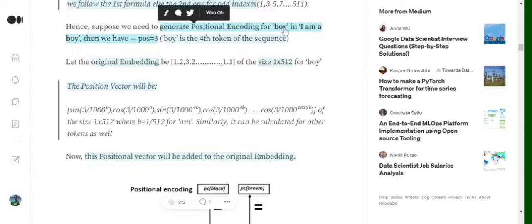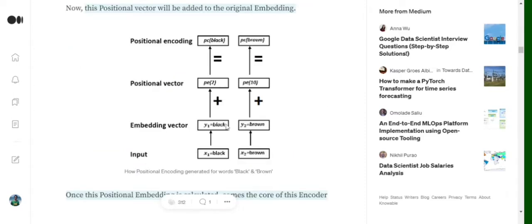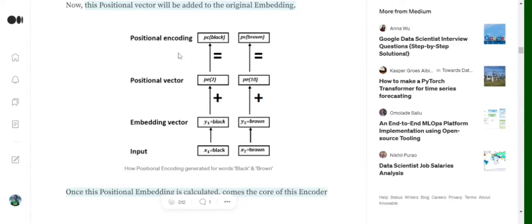If you see in the example, position encoding for boy, in "I am a boy", the position equals 3. So the positional vector for the boy would look something like this. How is the positional encoding getting generated? We get the input, we get the embedding vector using some method, we add the positional vector that we have calculated above, and adding these two vectors gives us the positional encoding for a given token.